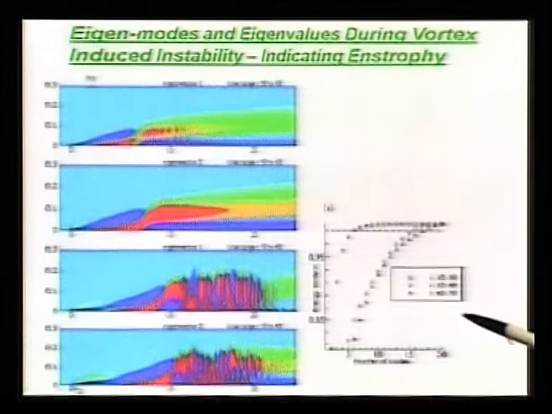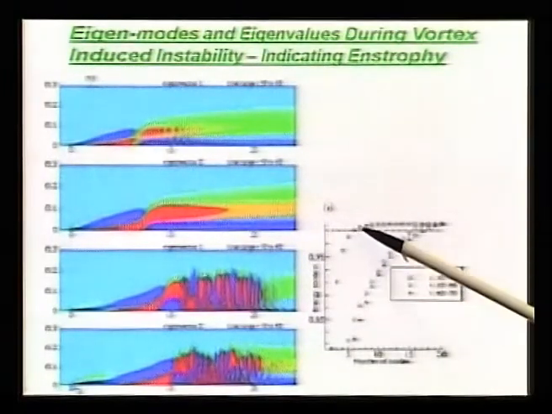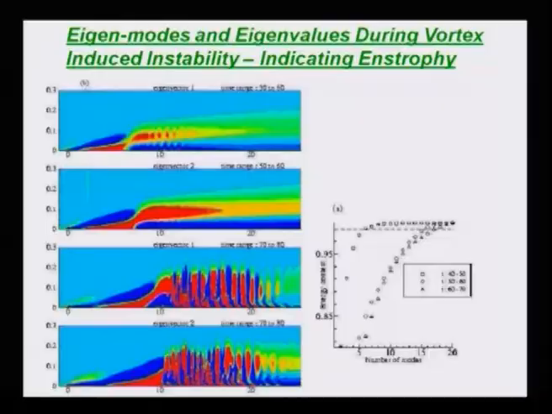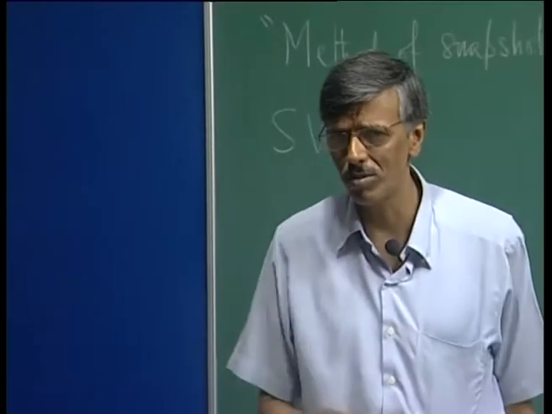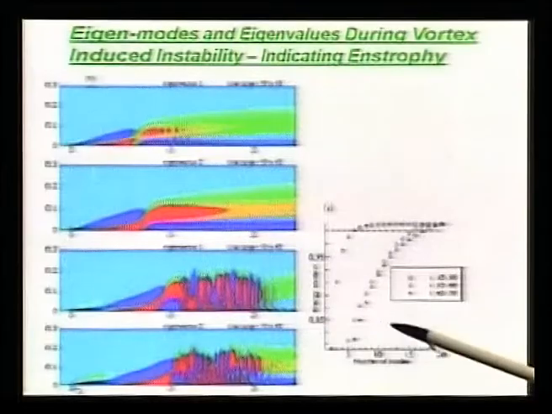But nonetheless, you notice that here 99% of energy is given by first 5 modes during 40 to 50. The moment your primary instability starts and vortex induced instability occurs, then you see what happens.